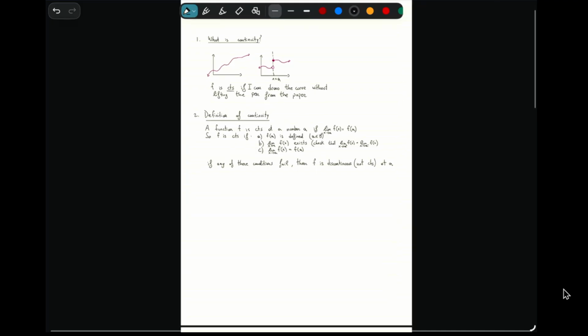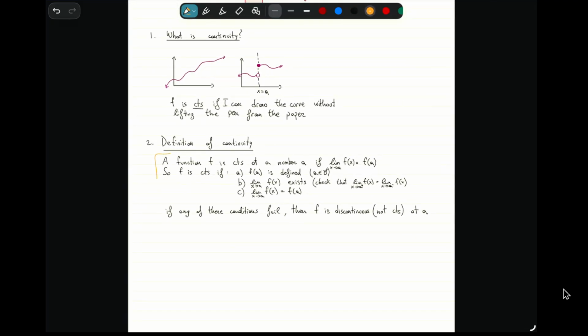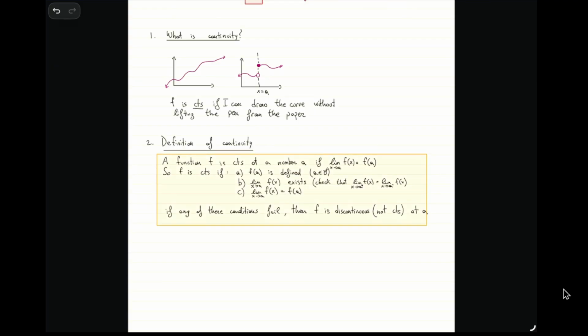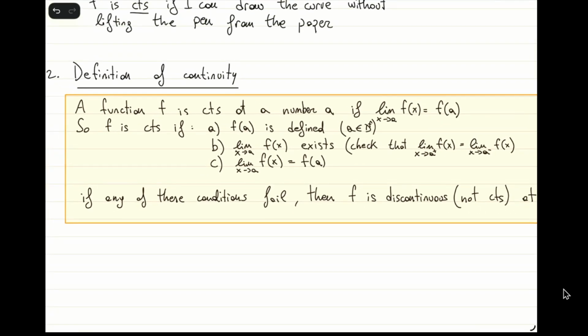Now, what I was saying is you can see that we have defined this definition where this is the first step. But if we don't have this, we don't even need to check this part right here. So we can go in a sequence.